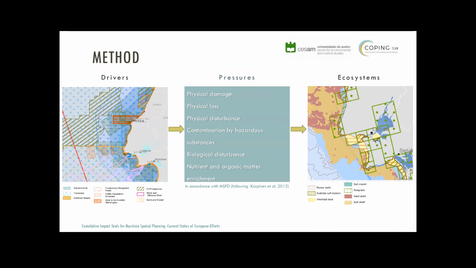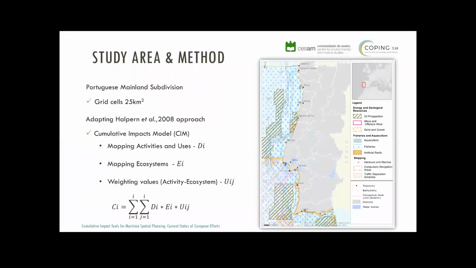We gathered information from 21 activities and uses, we call them drivers, to which we classified the type of pressure they provoke in accordance with MSFD, and we measured their intensity using existing available metrics as indicators. Ecosystems were obtained from the Habitats Directive and the MESH Atlantic project, and our study area was the Portuguese mainland subdivision.